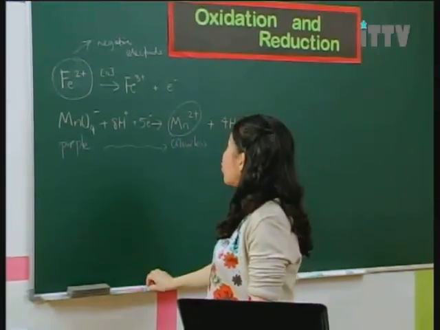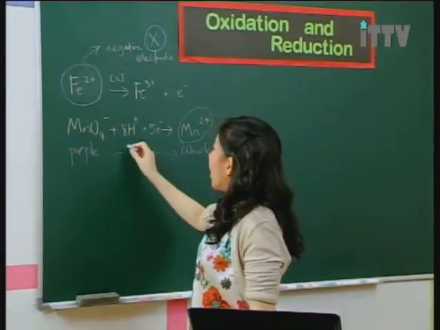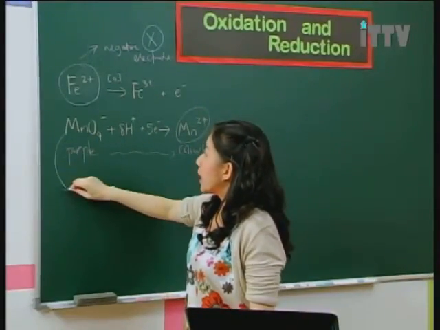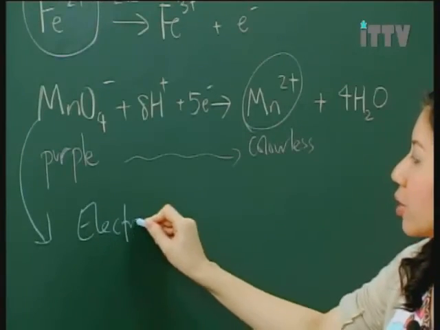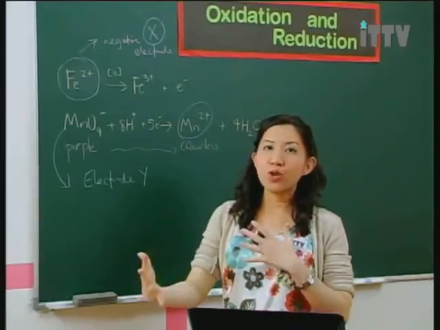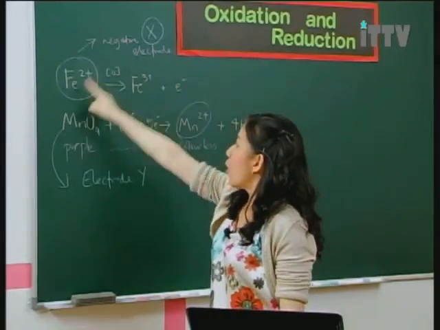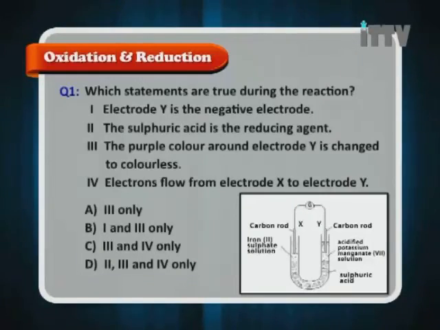So the negative electrode here will be electrode X, while the electrode that is immersed in the permanganate solution is electrode Y. So essentially electron flow is from X all the way to electrode Y. So the answer for question 1 is options 3 and 4, which means the answer is C, 3 and 4.